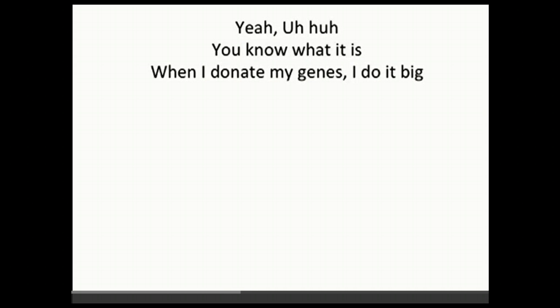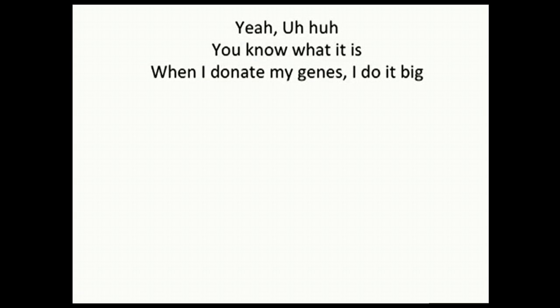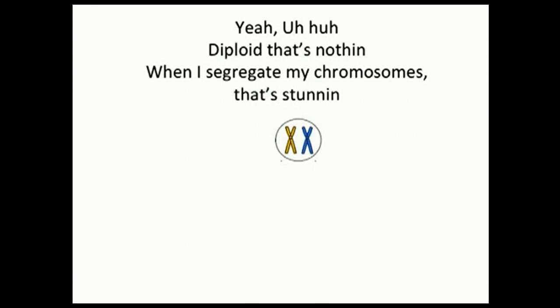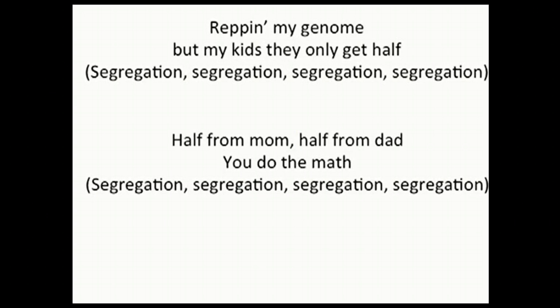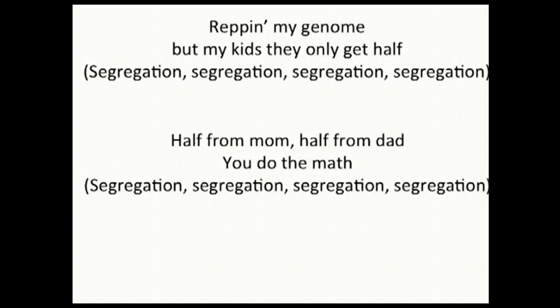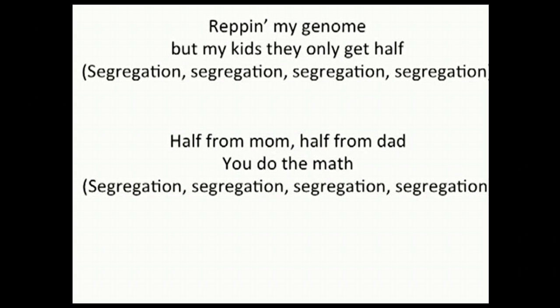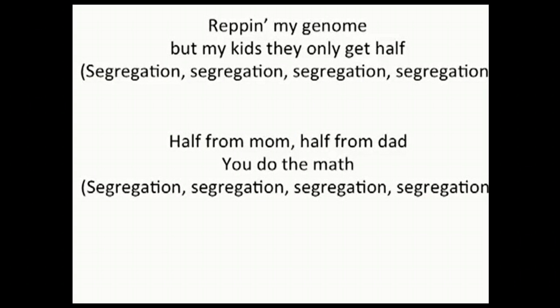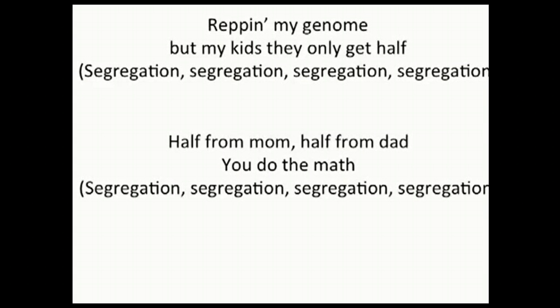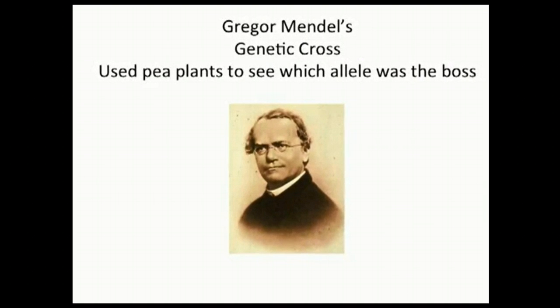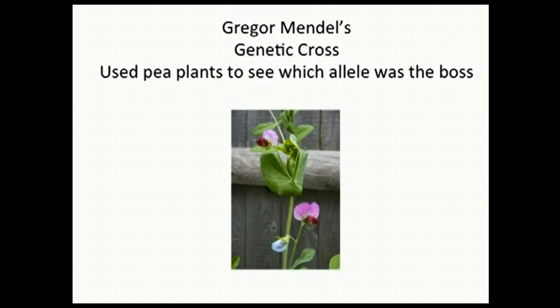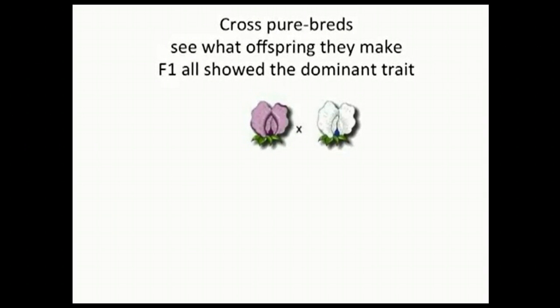Yeah, you know what it is. When I donate my genes, I do the thing. When I segregate my chromosomes, that's stunning. In my genome, but my kids, they only get half. Segregation, segregation, segregation, segregation. Half from mom, half from dad. You do the math. Gregor Mendel, genetic cross. Cross purebred, see which offspring they make.